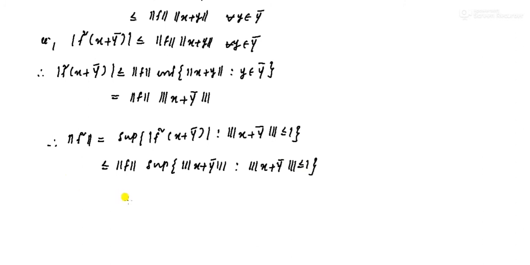That is equal to norm f into 1, right? That is, norm f tilde is less than or equal to norm f. This is equation 2.